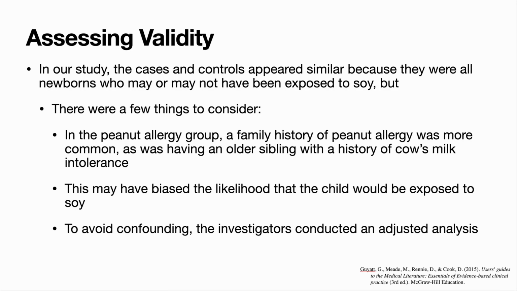So in the peanut allergy group, a family history of peanut allergy was more common, as was having an older sibling with a history of cow's milk intolerance. So this may have biased the likelihood that the child would be exposed to soy, but to avoid confounding, the investigators conducted an adjusted analysis.